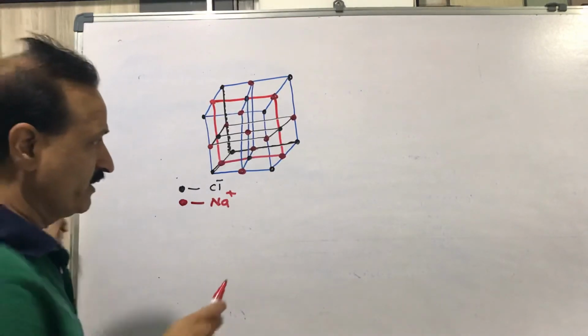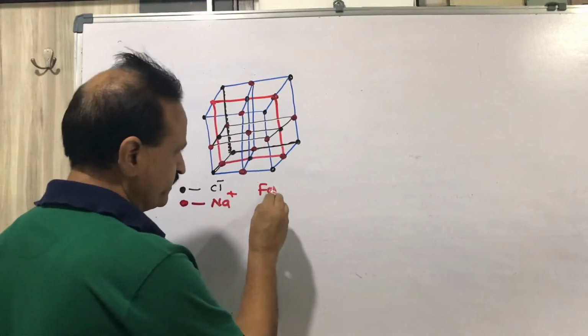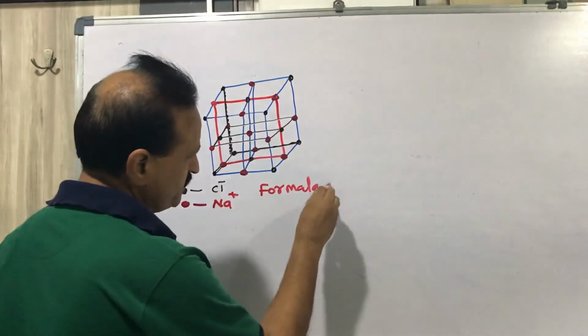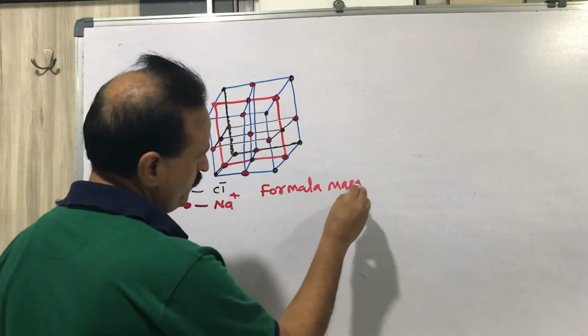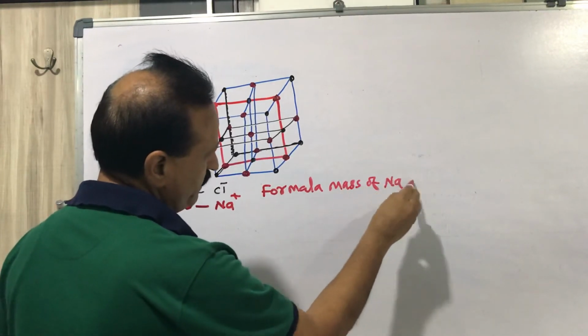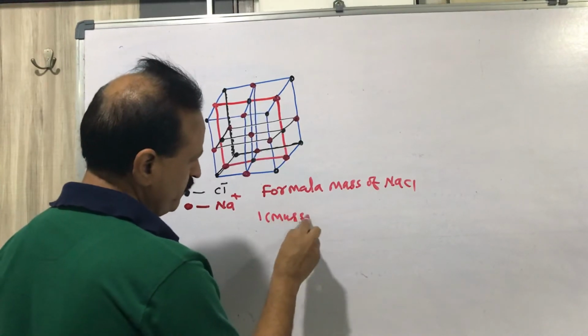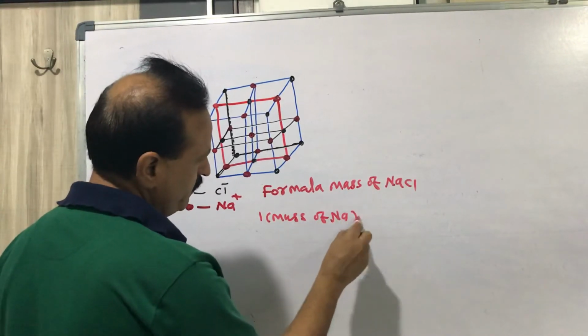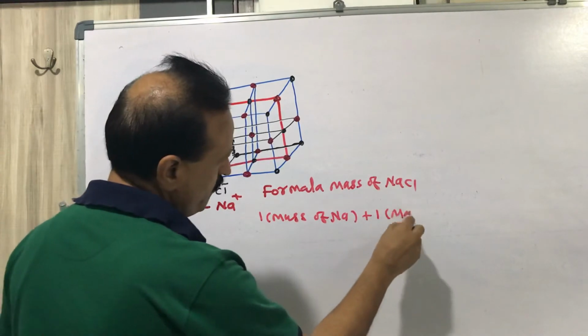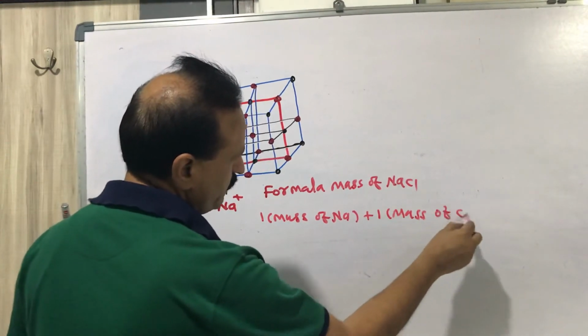Now we calculate the formula mass of NaCl. It is 1 times the mass of Na plus 1 times the mass of Cl.